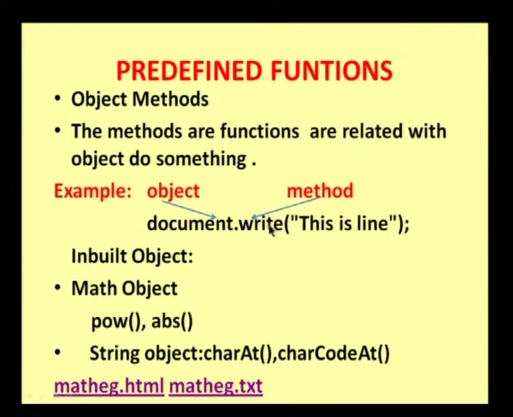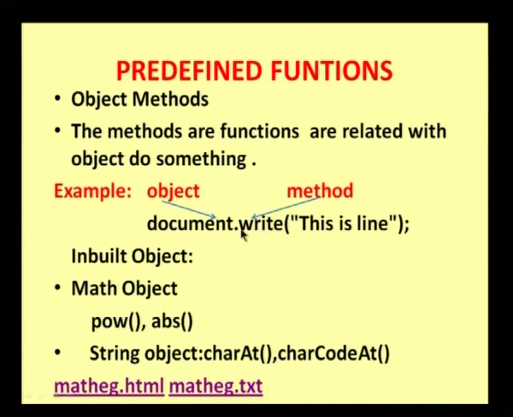So we can use the predefined objects present in JavaScript. This type of function is called an object method, since we are using the object to call it. We have several objects present in JavaScript, and document is one of the objects. Write is a method.